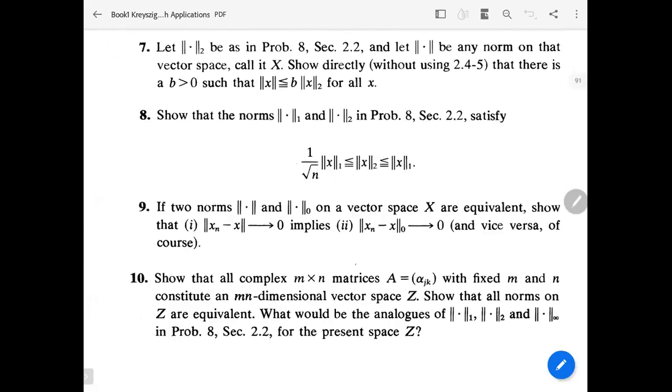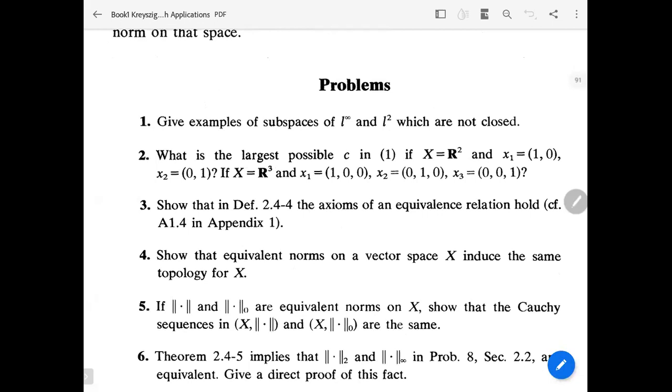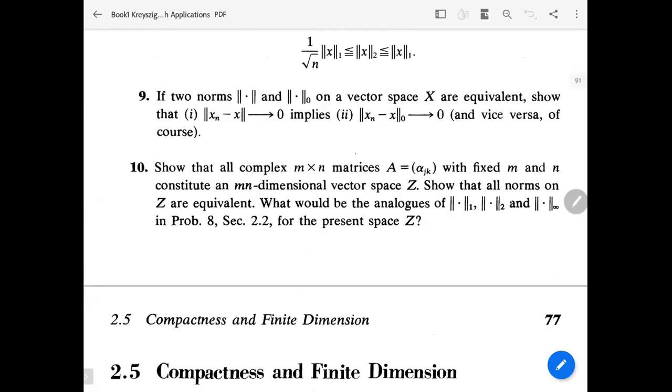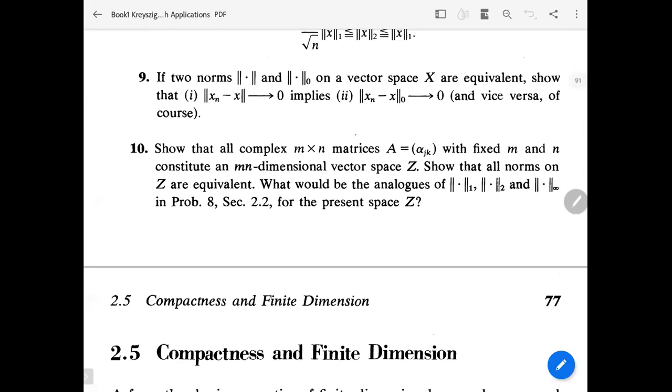So try to solve the problems in this section as many as you can. I will try to have a session, a couple of sessions before the midterm exam about problem solving. Because in the exam there will be problems. The proofs, the theorems which we discuss in the class, I will not give those statements to prove in the exam, which we did in the class or which are already proved in the book.